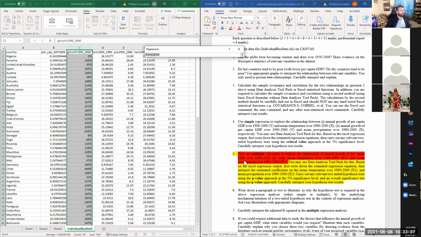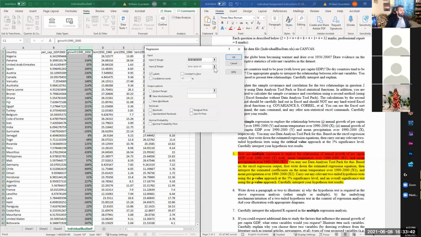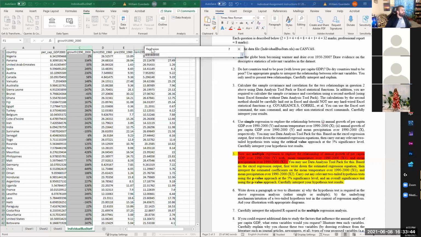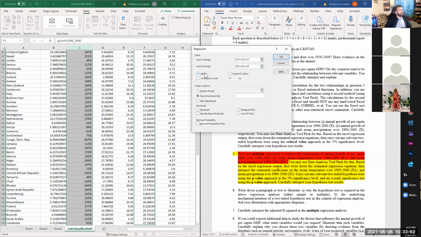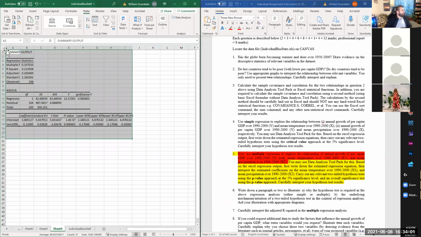Sorry, the GDP. And your X variable is the mean temperature, so it's this one here. You have to make sure you tick the labels. Don't tick constant 0. And that's what you get.